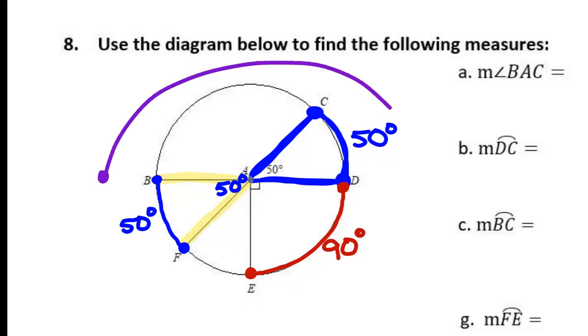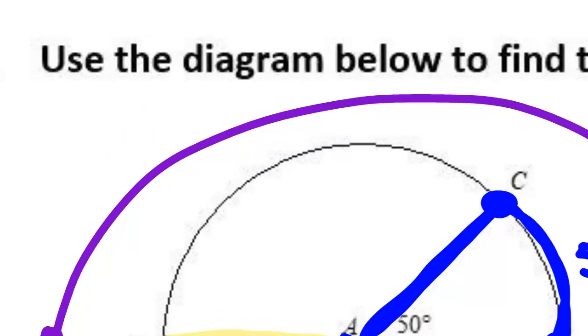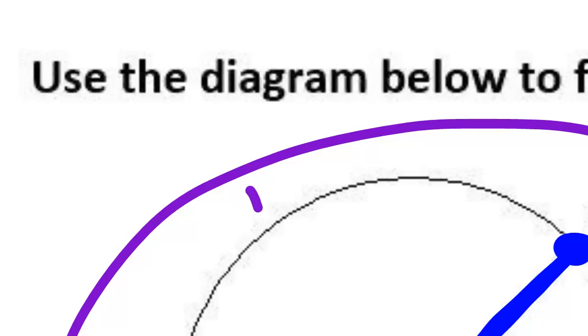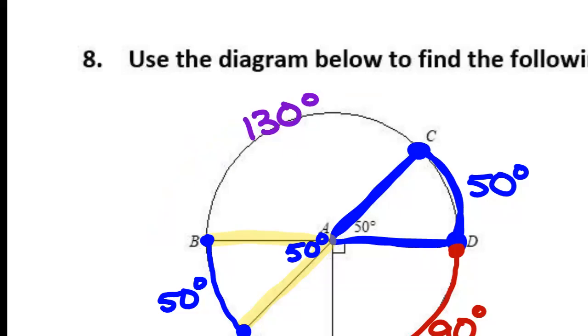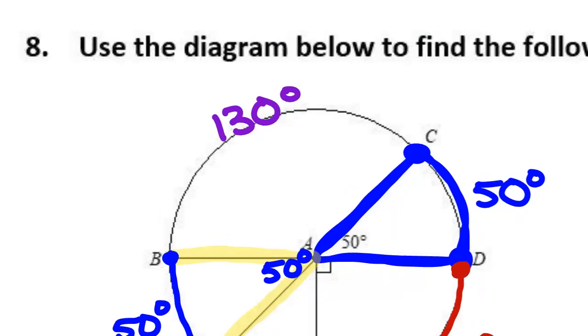So how big is arc BCD? 180. Well, this much of it right here, CD is 50. So how much is left over for arc BC? 130. 180 minus 50. So how big is angle BAC? 130. Angle BAC is 130 degrees.